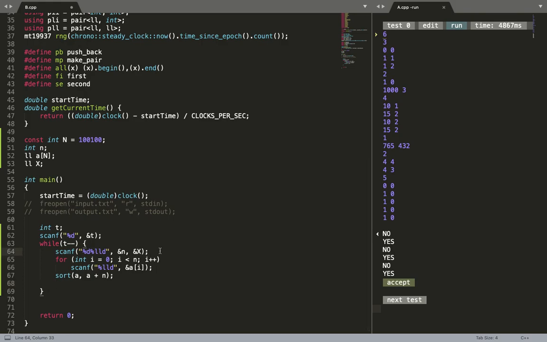To do this, basically we can subtract x from each number, and then we want to find the largest suffix with non-negative sum, and we can do this greedily, but we don't have to first subtract x and then find the largest suffix with non-negative sum. We can do this in process.